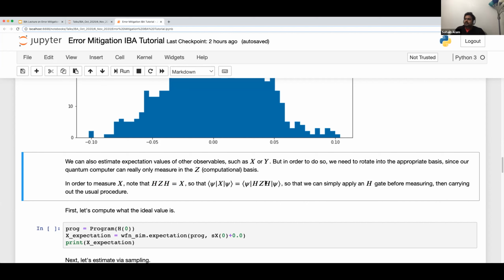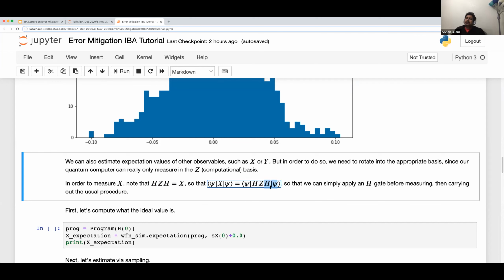So what that means is that this expression is saying you should just compute Z, which is what we ultimately always do on a quantum device, in the state given by H times psi.